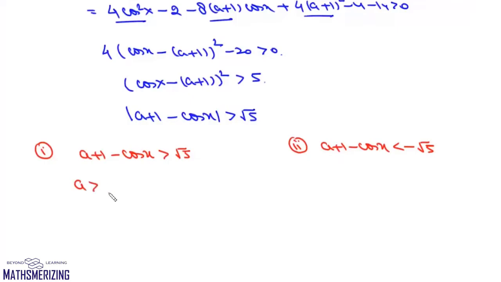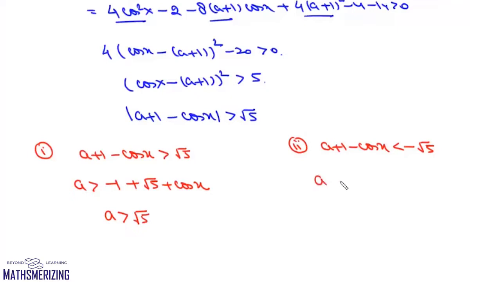Now this is a greater than −1 + root 5 + cos x. Now if a is greater than this entire value, it must be greater than its greatest value, and its greatest value is when the value of cos x is 1. So from here we'll get this condition that a is greater than under root 5.